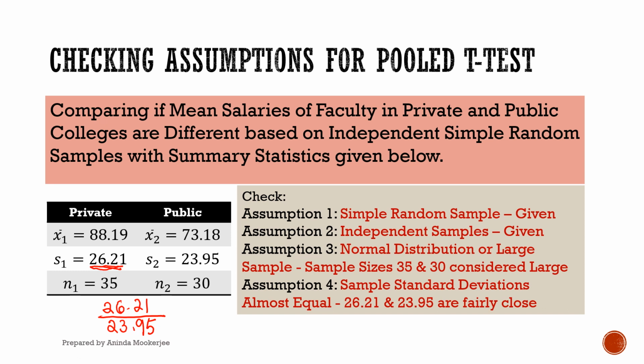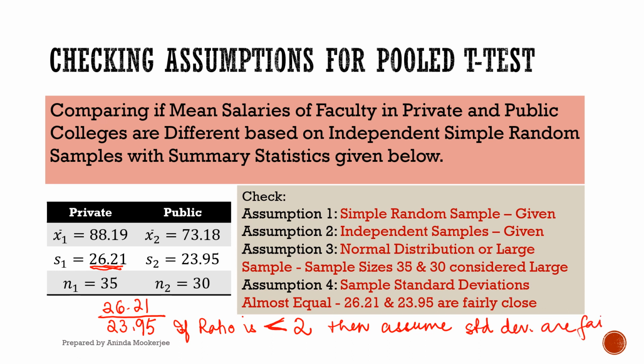If the ratio of the two values is less than 2, then assume that the standard deviations are fairly close to use the pooled test.